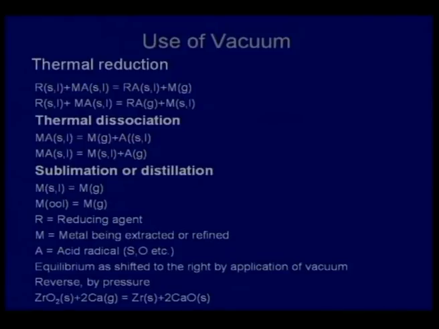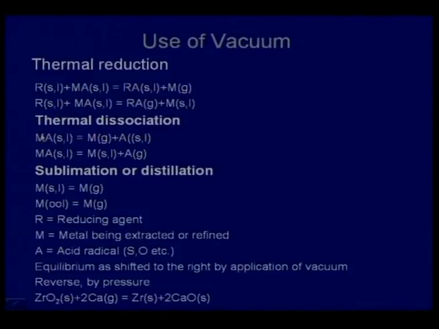There are some very interesting operations in pyrometallurgy, and let me mention some examples. I had mentioned that there are some oxides, some compounds which are very weak, like here I mentioned mercury sulphide.